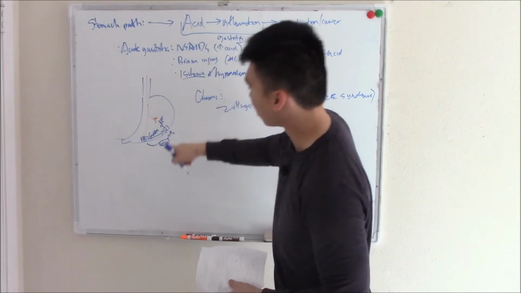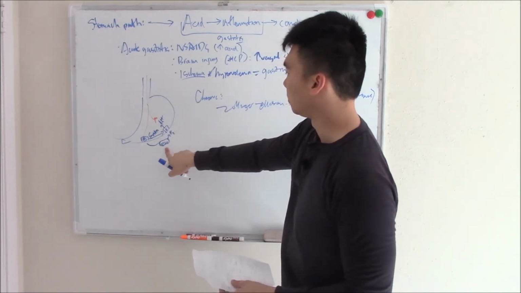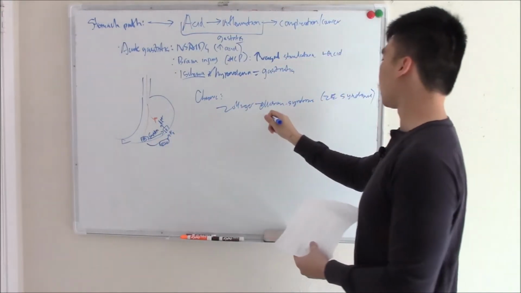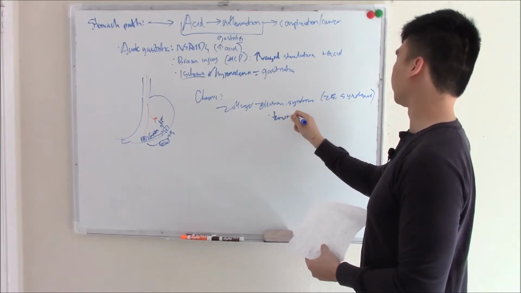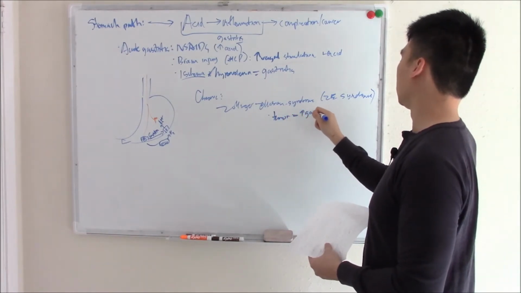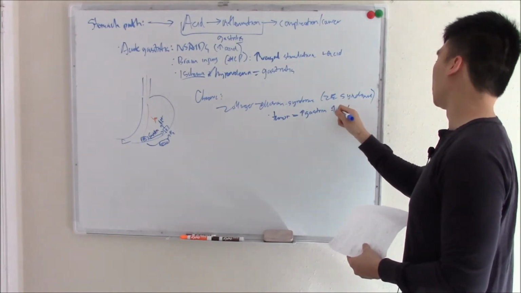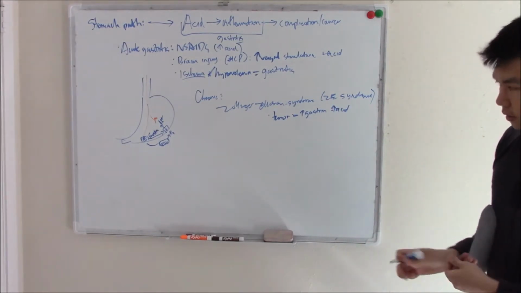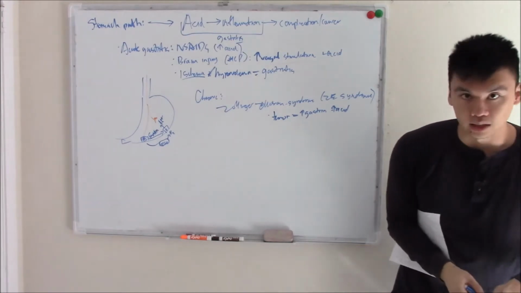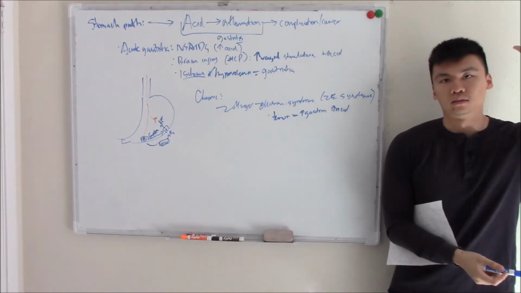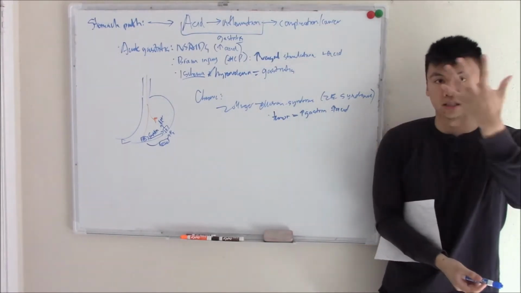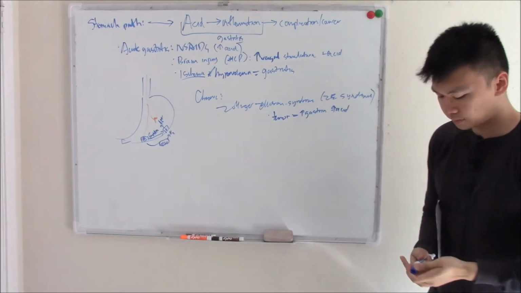And we said how important gastrin is in producing more acid. So if you have a tumor that increases gastrin, then that will cause increased acid. And you can look for this because you can check the gastrin levels, and the gastrin levels are just uncontrolled.